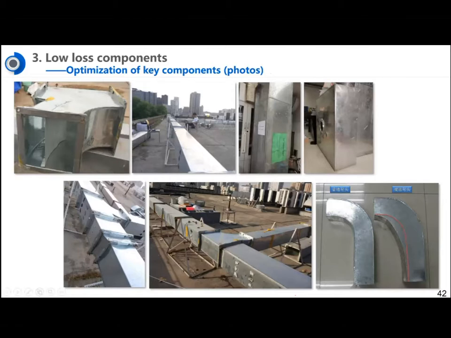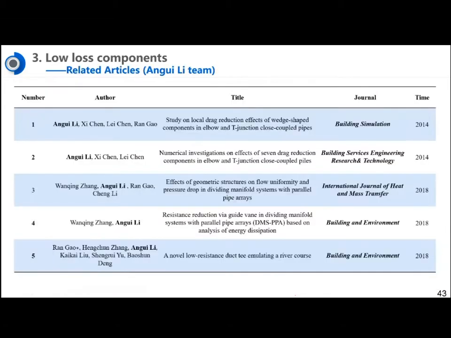Here are pictures of our experimental studies. From here you can see a lot of examples, a lot of research that has been done for the T-junctions, for the elbows, for different diffusers and different valves. Here are our team's related articles, our team's publications about drag reduction over 20 years.